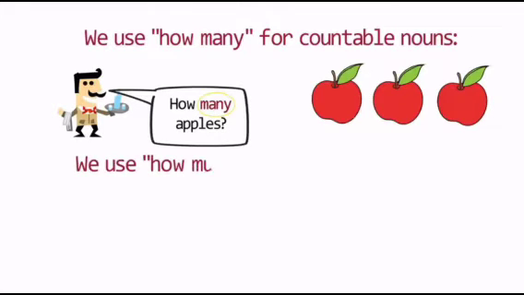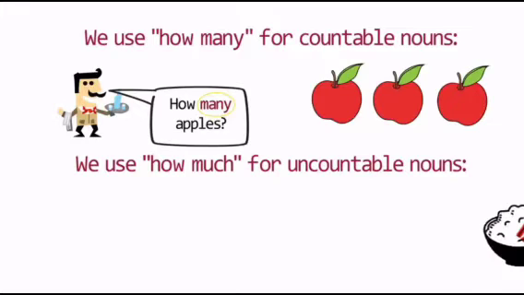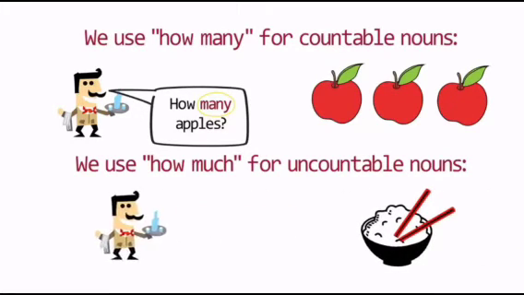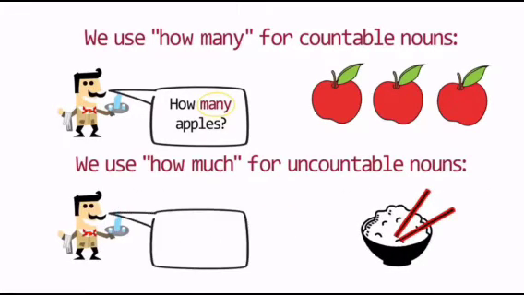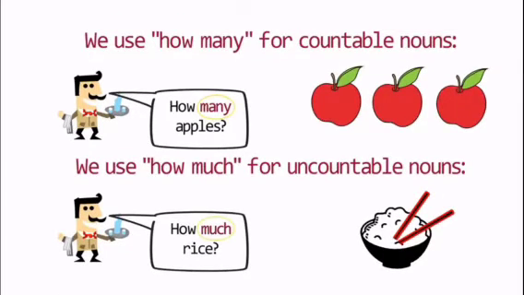We use how much for uncountable nouns. We have an example. We have rice. So you can ask like this. How much rice? So you can ask like this. How much rice is there?